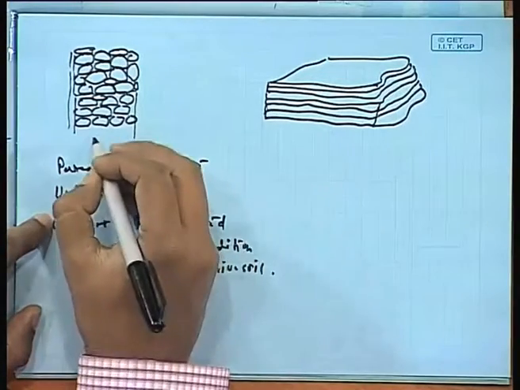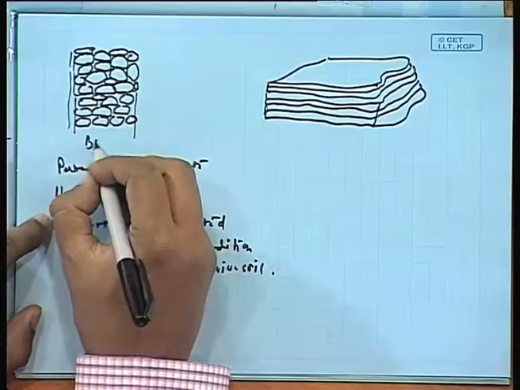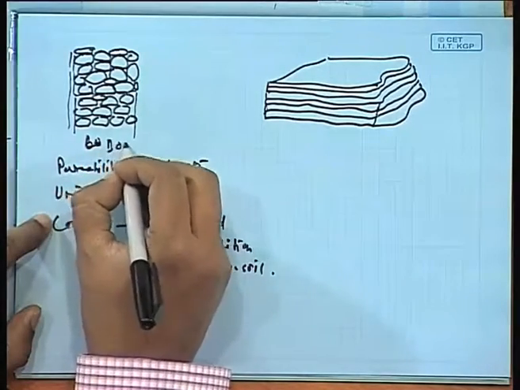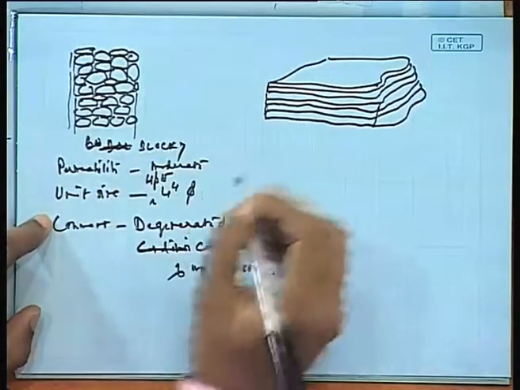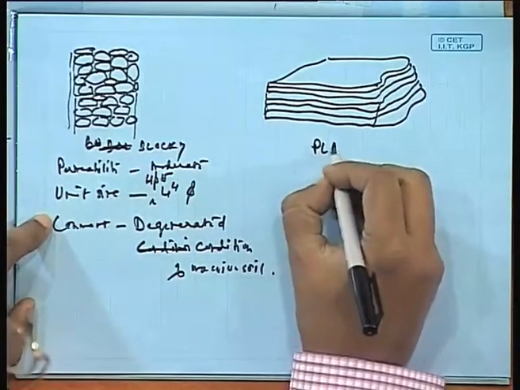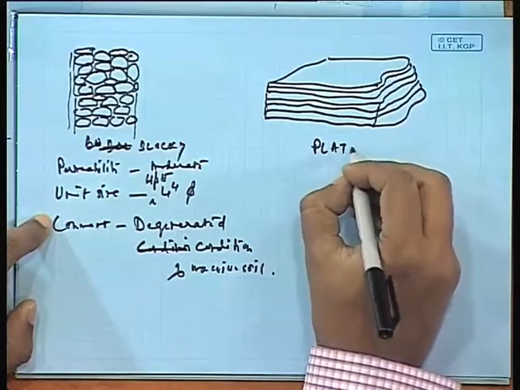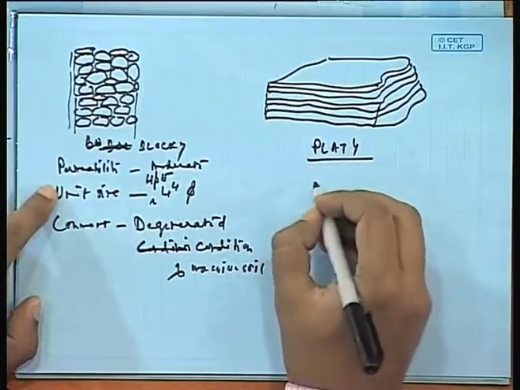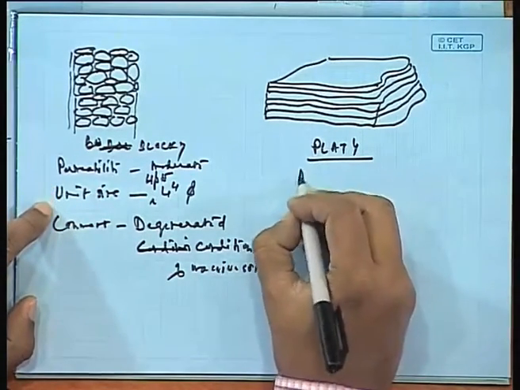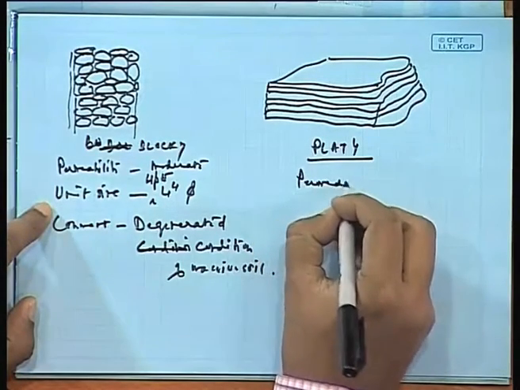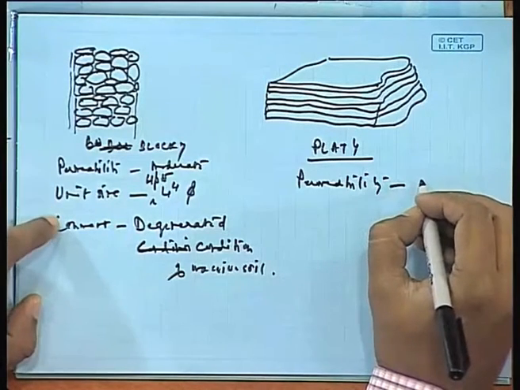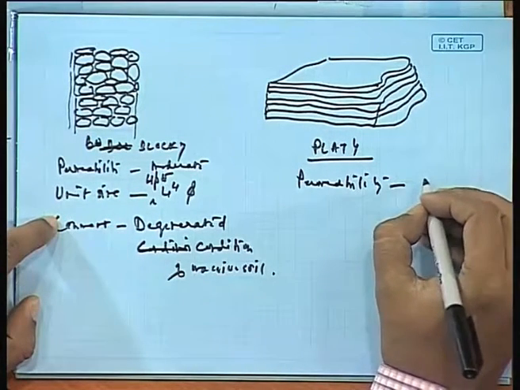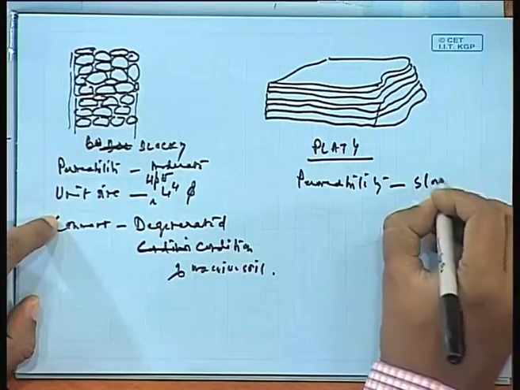This is, as I have said, blocky. This one is platey. You can see permeability should be low. Permeability is very slow.